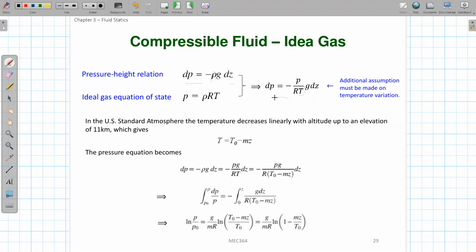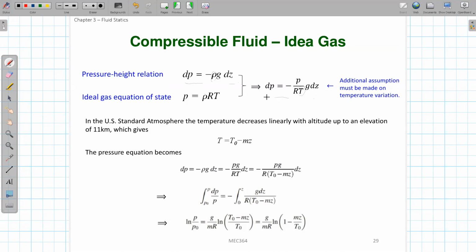For example, even for the atmospheric air, when you increase Z, you increase the elevation, and your air temperature will also change, right? T will also be a function of Z, because at a very high elevation, maybe 10 kilometers above sea level, the temperature will be much lower than room temperature. So T will also be a function of Z.